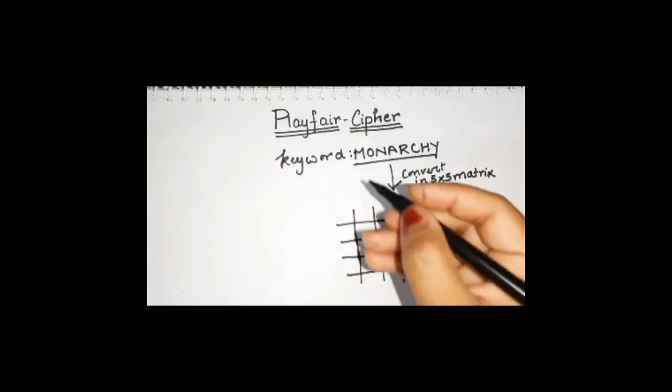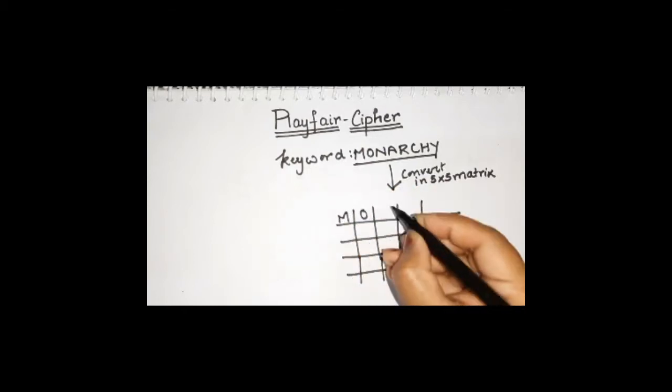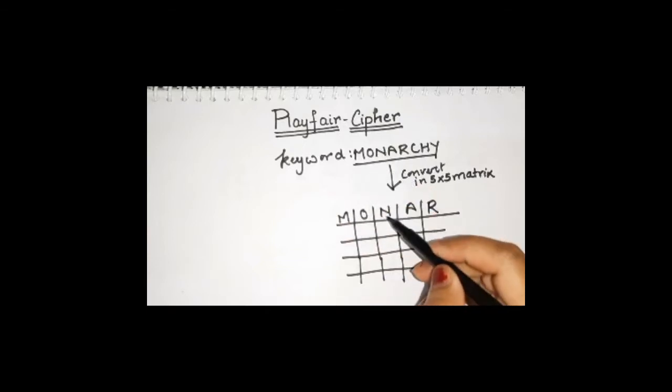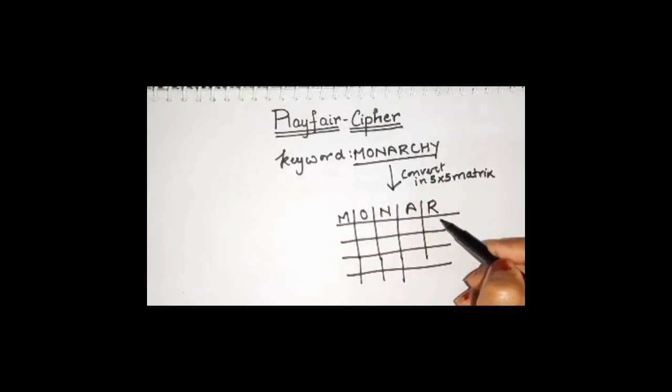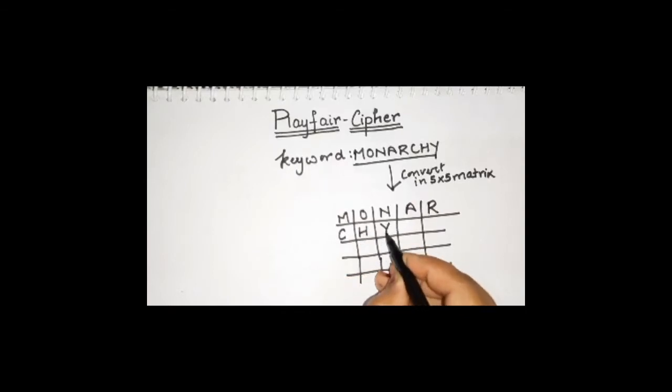We'll be filling the places first by all the letters of the keyword: M, O, N, A, R, C, H, Y. This is how you fill it. First, fill all the letters of the keyword in this matrix.